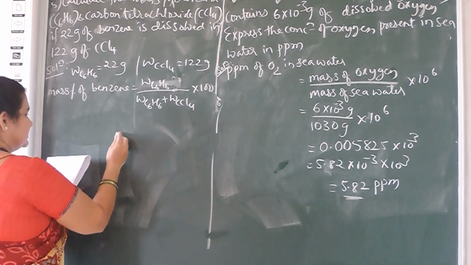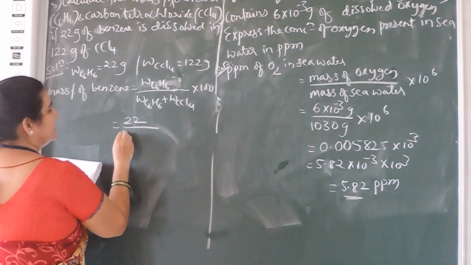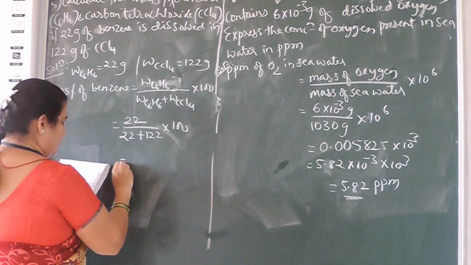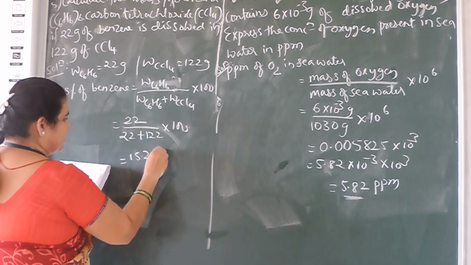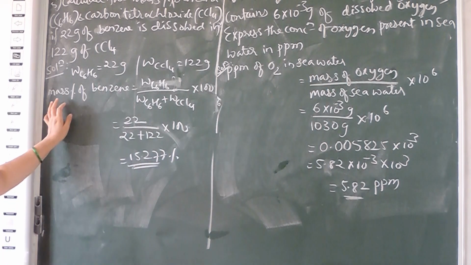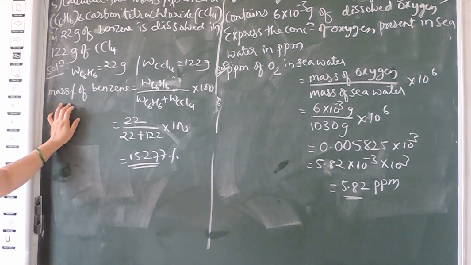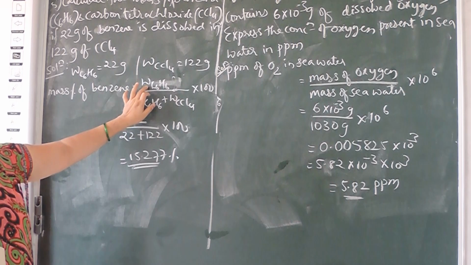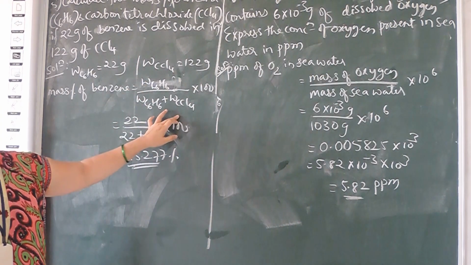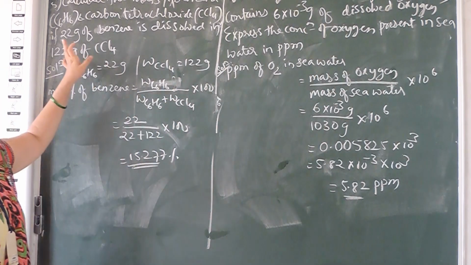Now it is 22 divided by 22 plus 122 into 100, or it is 15.277%. If you want to calculate the mass percentage of CCl4, in the same way, mass of CCl4 divided by total mass of the solution into 100.